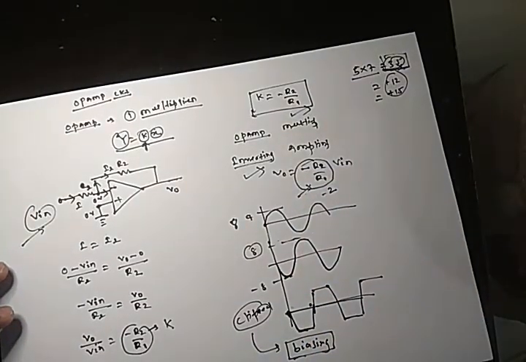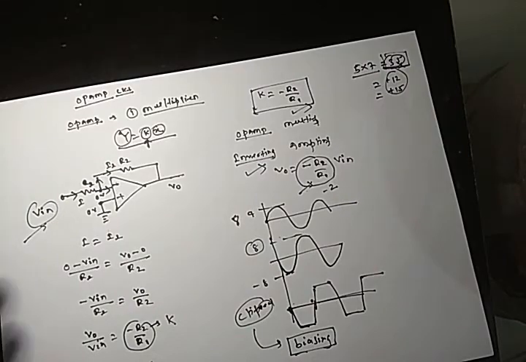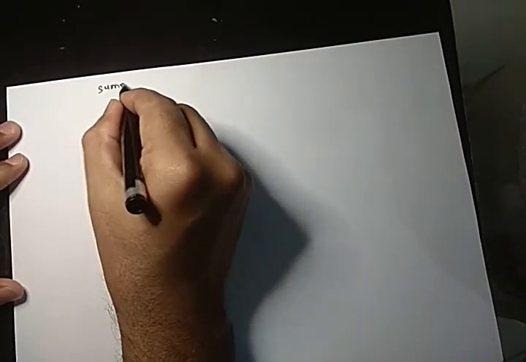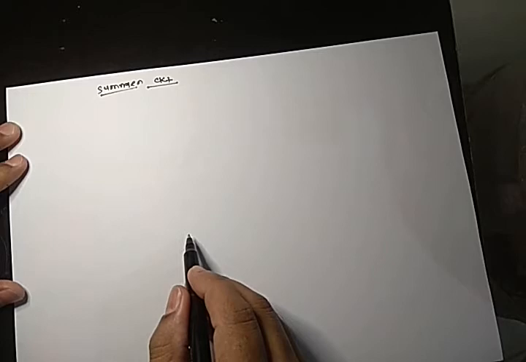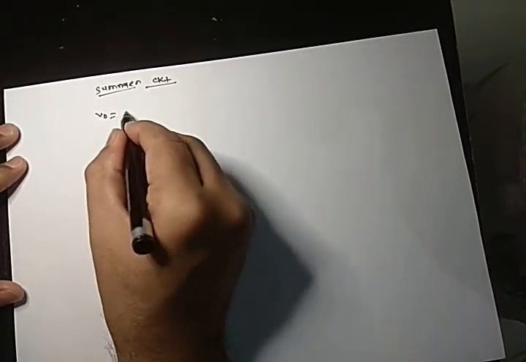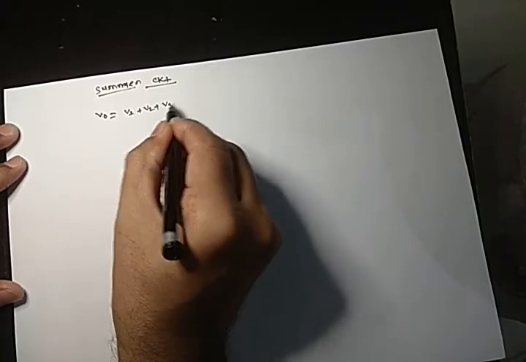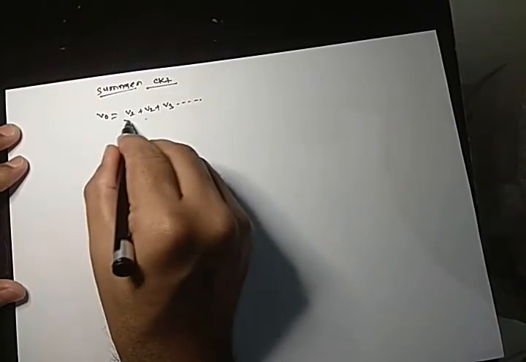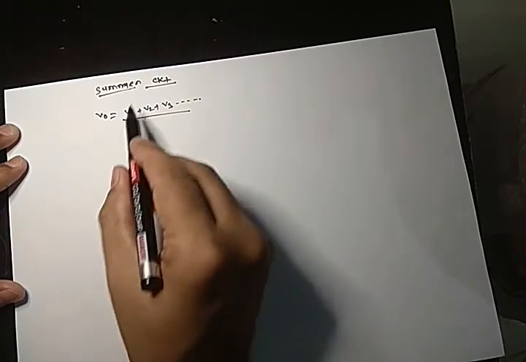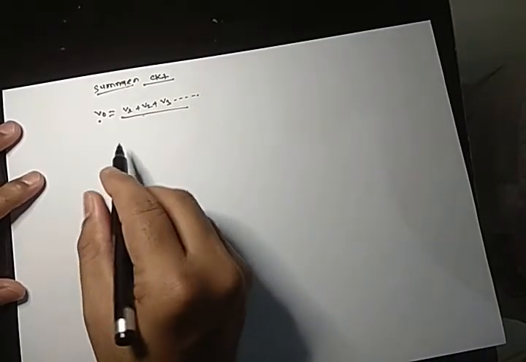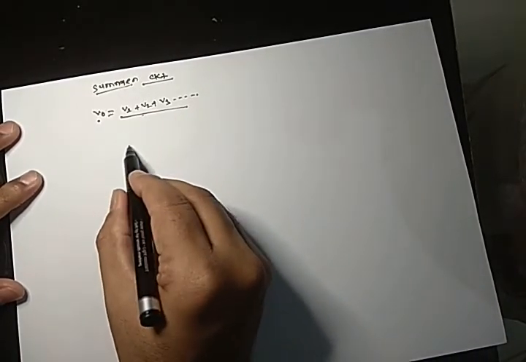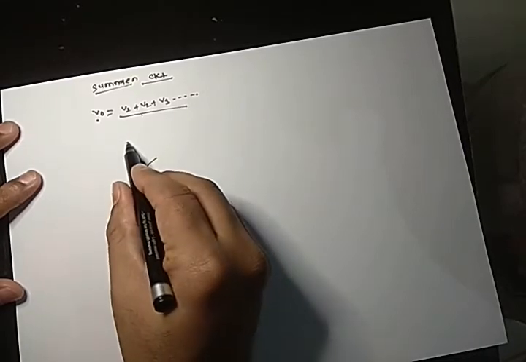Now when we make a calculator, we have learned about the multiplier circuit, but we don't know about the summer circuit. How can a summer circuit be formed? It means V0 must be equal to V1 plus V2 plus V3, so that it can sum all the inputs. Now we know the relation between V0 and V1 we can do with a simple circuit.